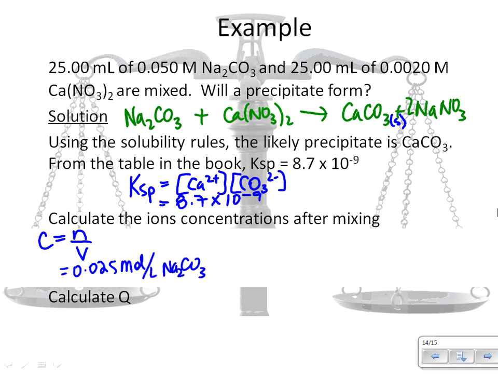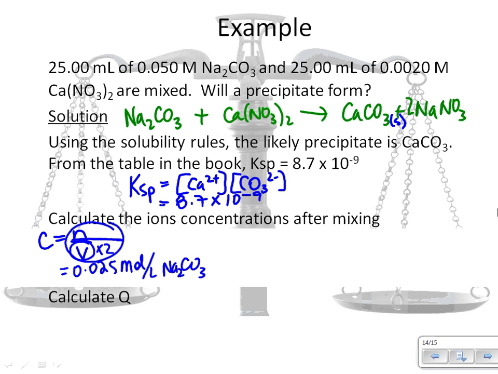You can do that, but you don't really need to. You just need to realize that you've doubled your volume. You've gone from 25 mL to 50 mL. So what's that going to do? It means you have to basically divide by 2 because your volume's on the bottom. So I started off with 0.05 molar, and I divide by 2 to get 0.025 molar.